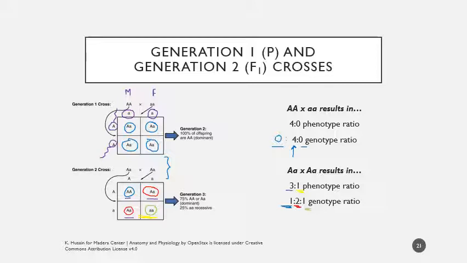This crossing of 2 heterozygotes is what we call a monohybrid cross. So we get this classical 3-to-1 phenotype ratio and 1-to-2-to-1 genotype ratio, or 75% dominant phenotype, 25% recessive phenotype.